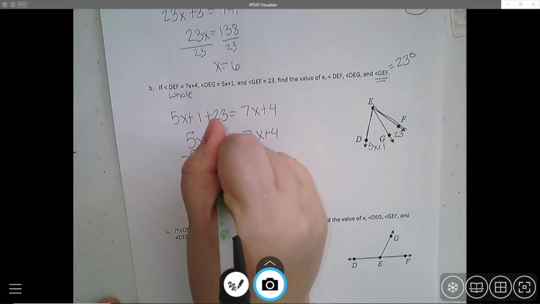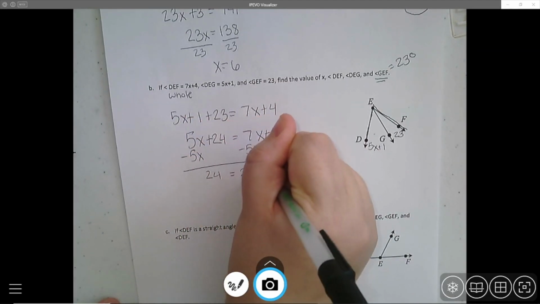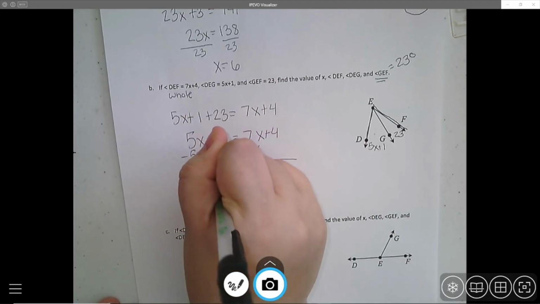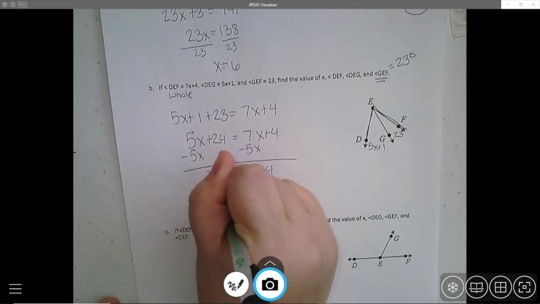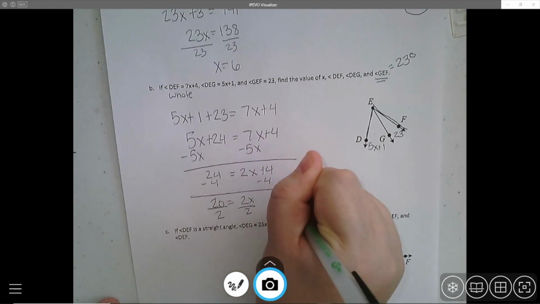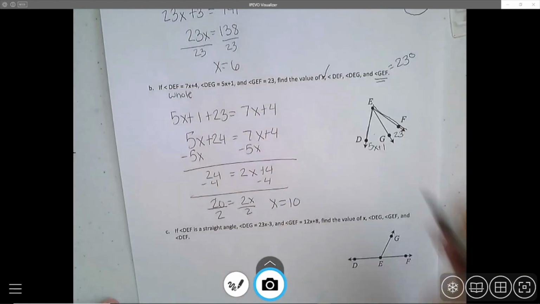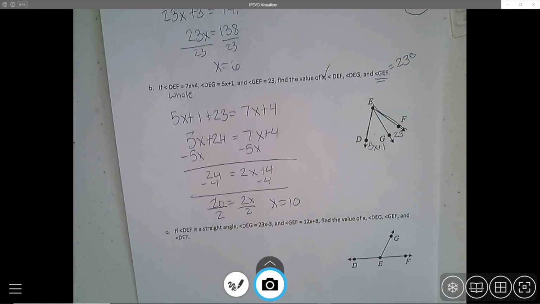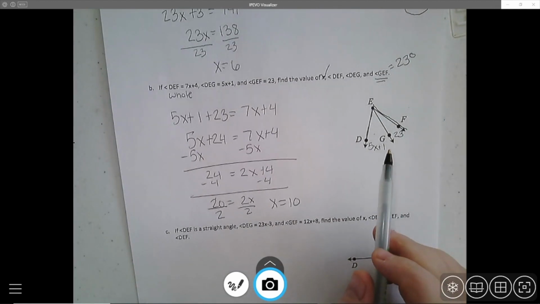Subtract 5x. I get 24 equals 2x plus 4. Subtract 4. I get 20 equals 2x. Divide by 2. I get x equals 10. Okay, I found x. Now I need to substitute in.